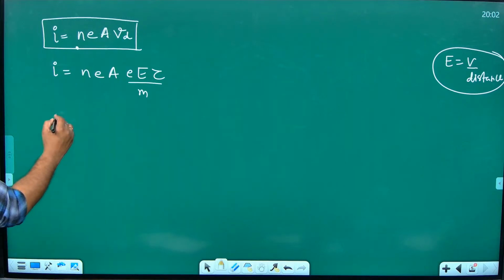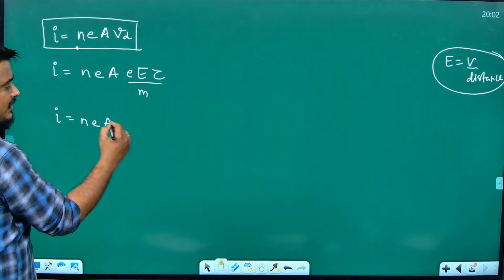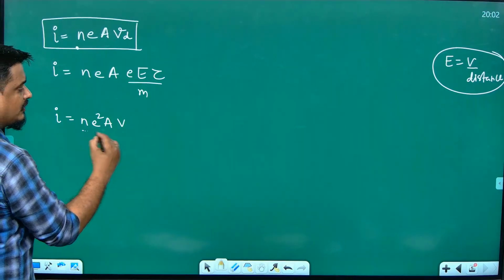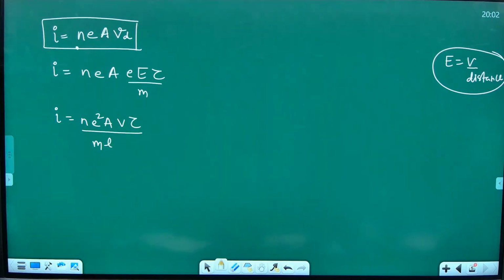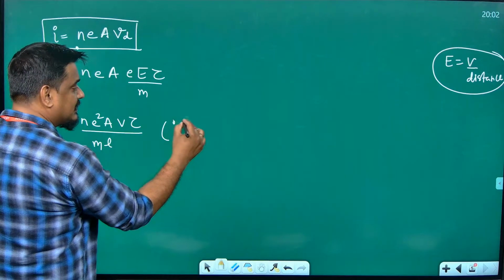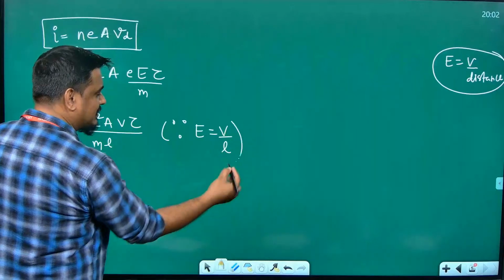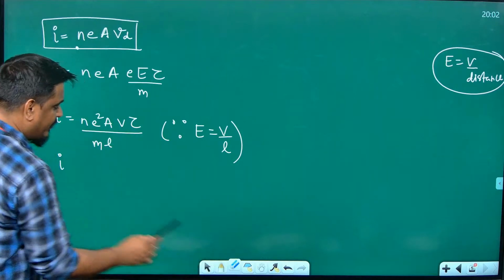So here I can write I = nAe squared, and instead of E I am writing V by L, and m is already there and τ is there. Can I write like this? Since electric field is equal to electric potential by distance, I have replaced E with V by L. Now I is there and V is here. Can I write V by I from here?